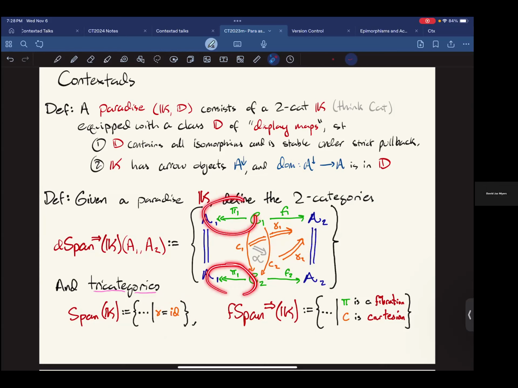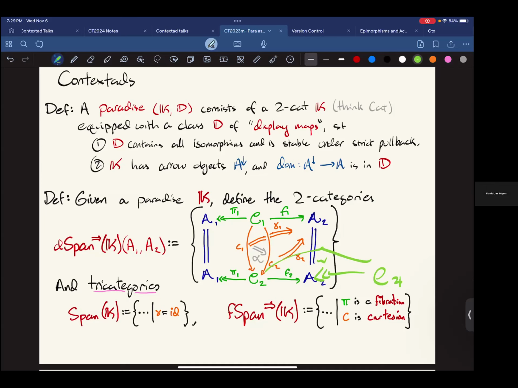If these things on the left are fibrations and the C maps are Cartesian, then we can organize that into a tri-category as well. And the way we do that is, if you imagine us having another span here, and we're trying to form the composite, we're trying to form this composite here.